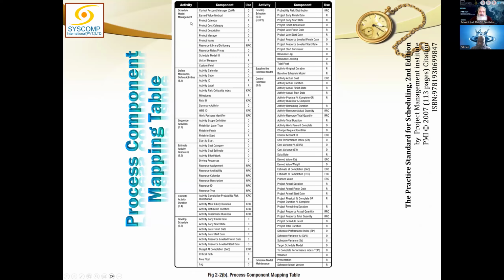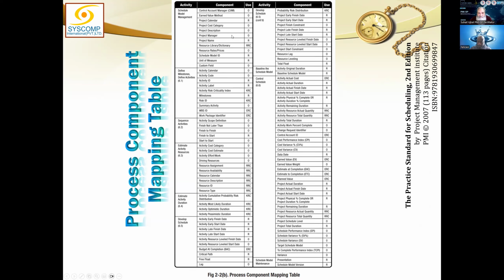And here also, in schedule model management, control account management is optional. Earned value method, whether you use it or not, is optional. Project calendar is required anyways. Cost category is optional. Project description is optional. Project manager name is optional.